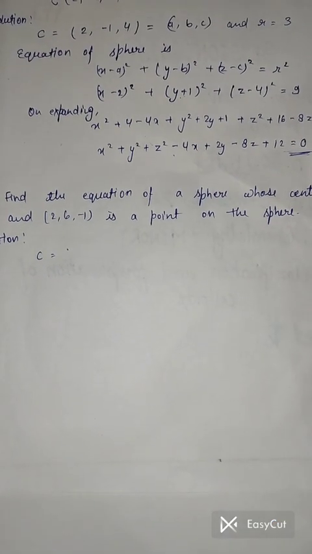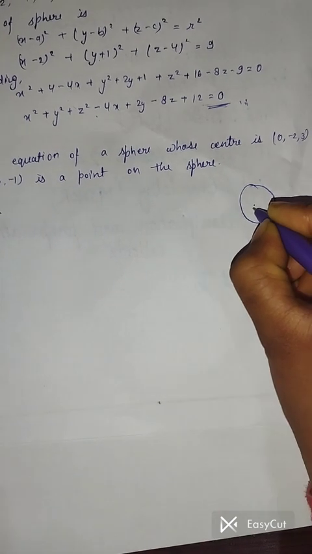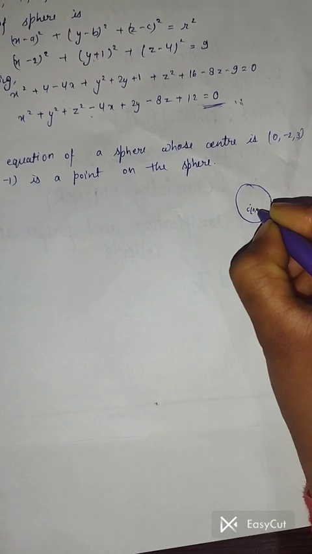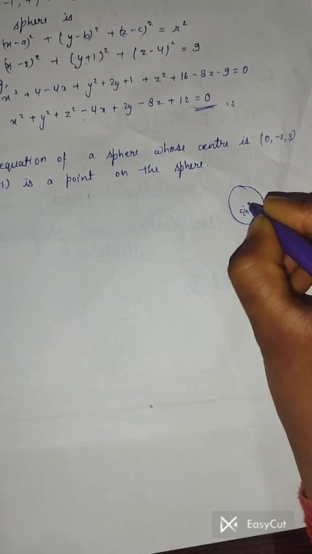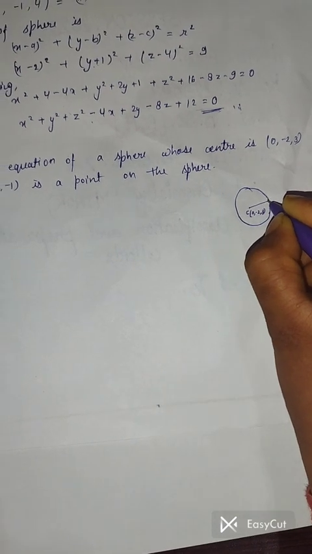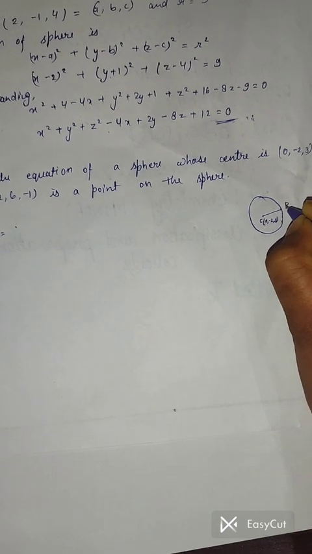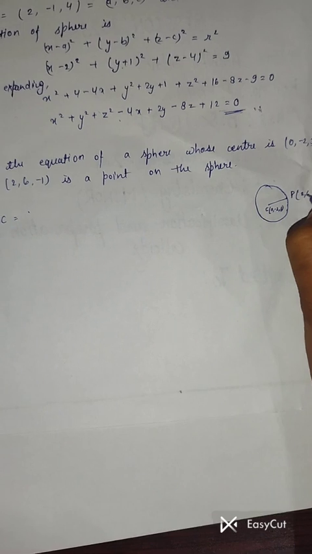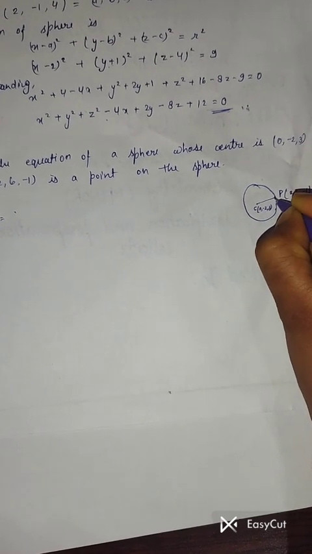So in this problem we will see in the figure that here the center point, let this point be C, is given and the coordinates of this point are 0 comma minus 2 and 3, and we are given a point, let this point be P, and the coordinates are 2 comma 6 comma minus 1, and this point P is on the sphere.